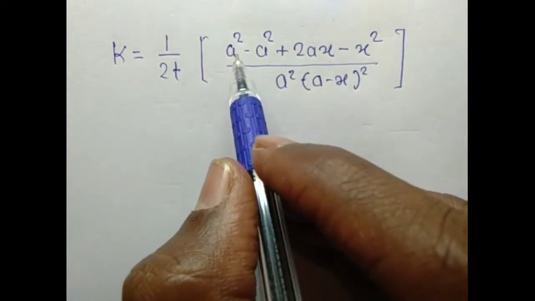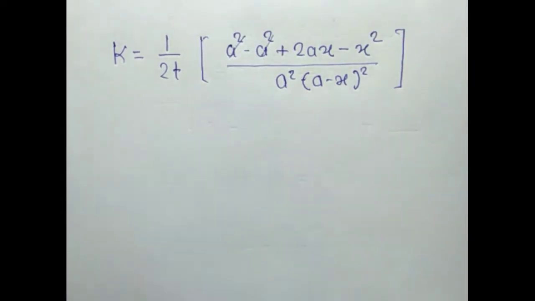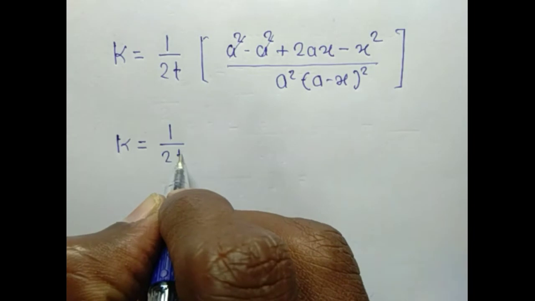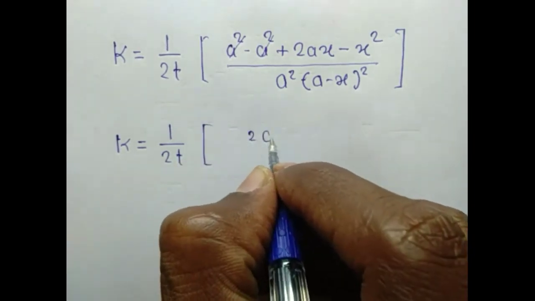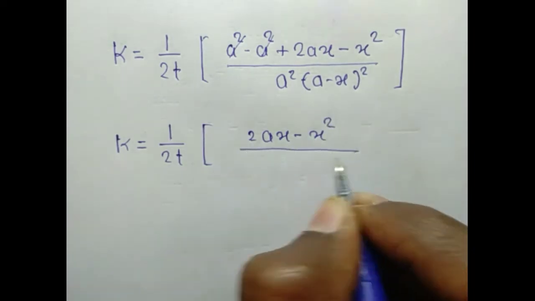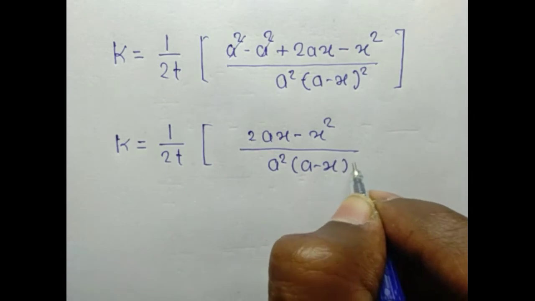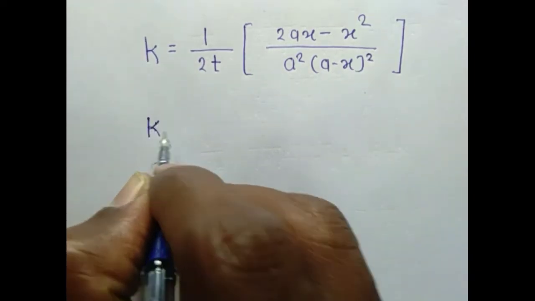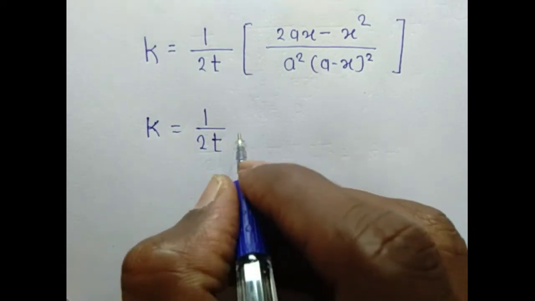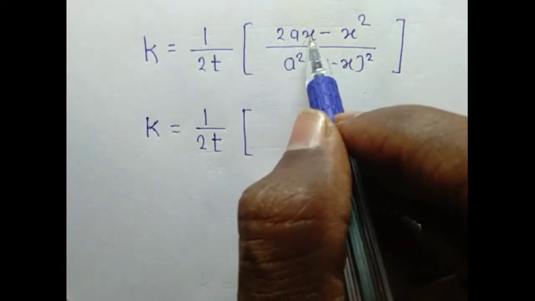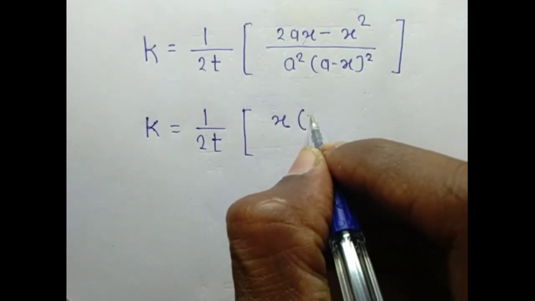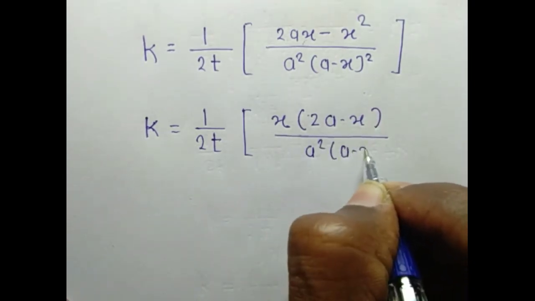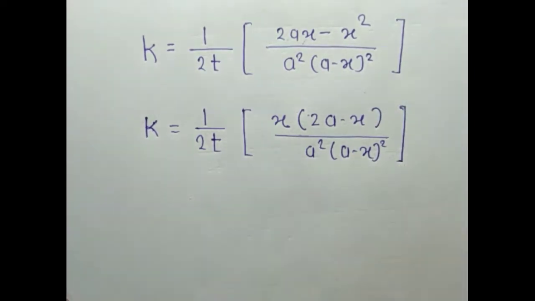In the above equation, a square minus a square gets cancelled and the remaining equation is K is equal to 1 upon 2t into bracket 2ax minus x square upon a square into bracket a minus x bracket square. x gets common here, that is K is equal to 1 upon 2t into bracket x into bracket 2a minus x upon a square into bracket a minus x bracket square.